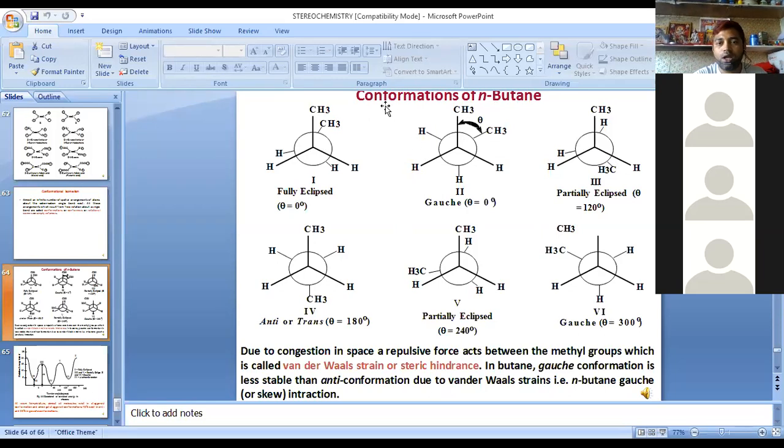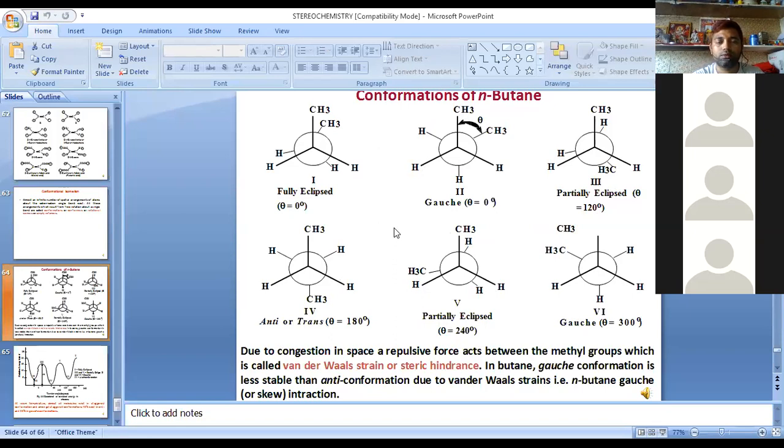So that is why they are conformational isomers. Understood? We have these conformational isomers of n-butane: eclipsed form, gauche form, partially eclipsed, anti or trans, partially eclipsed, then again gauche. As they get rotated, we get different isomeric forms, different conformations of n-butane.